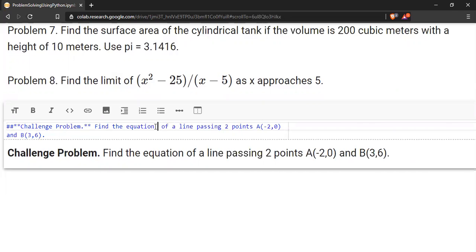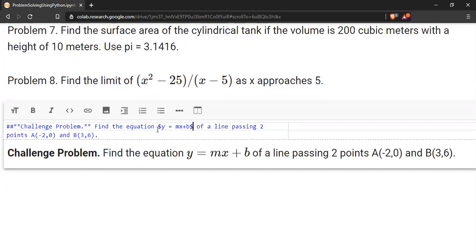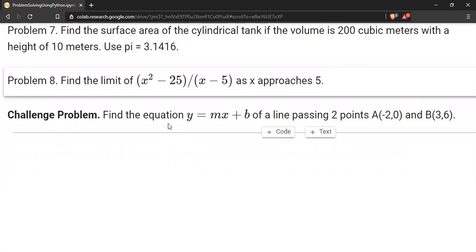When you use an equation, you have to enclose the equation in dollar signs. So for the challenge problem, you are going to find the equation y equals mx plus b of a line passing through 2 points, A (-2, 0) and B (3, 6).